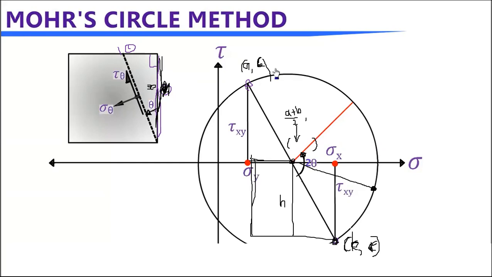If this is L, you can take this L, and this is also L, same, right? And this height is also H. Using similar triangles, you can find this is a plus b over 2, and since this is on the sigma axis, the y coordinate is 0, right?